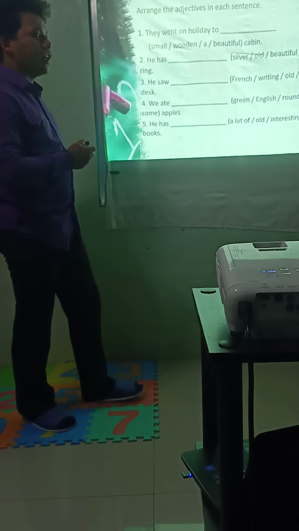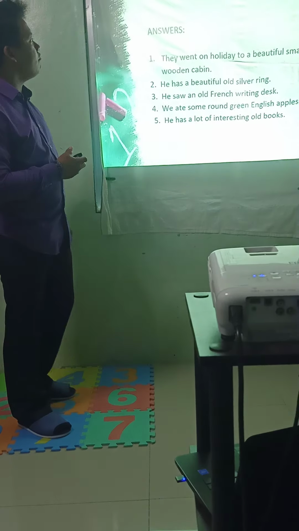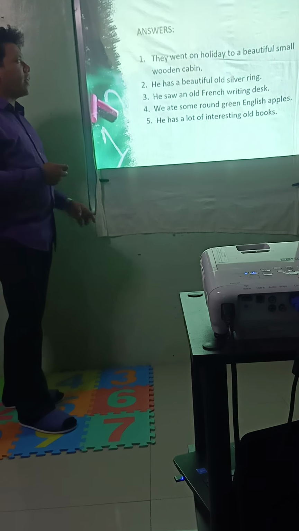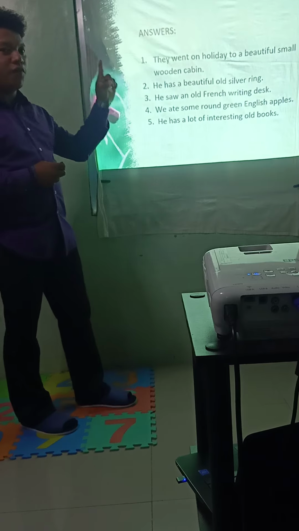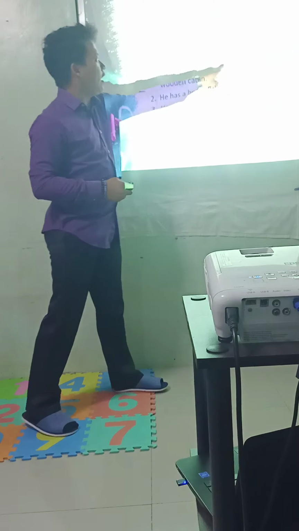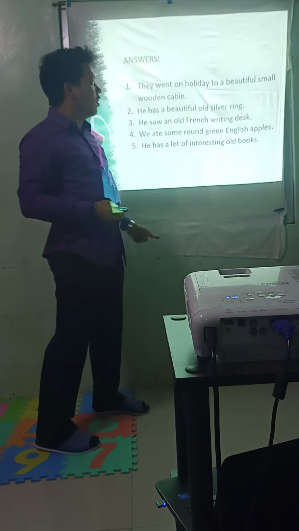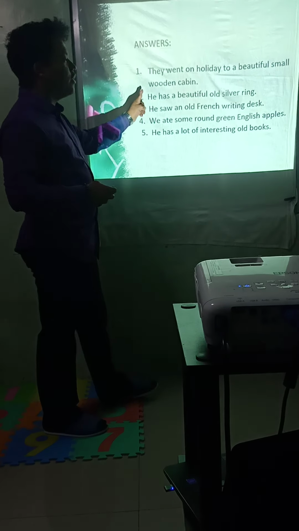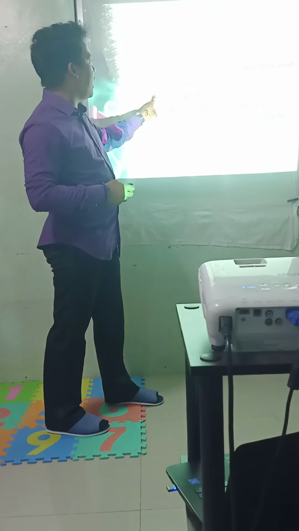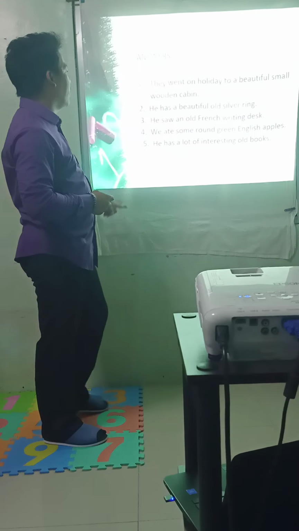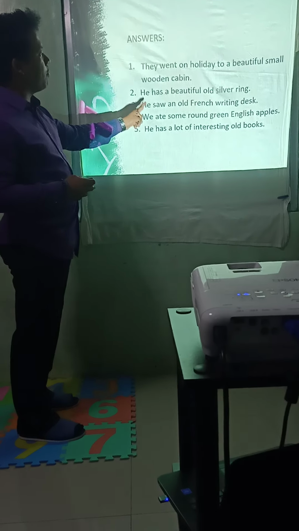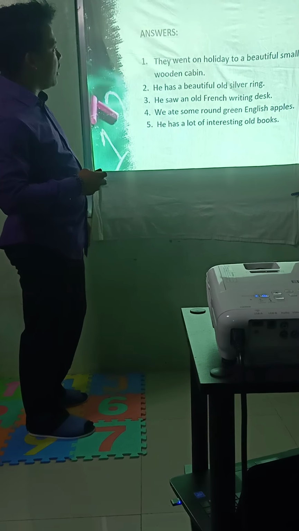So now let us check your answers. Number 1, they went on holiday to a beautiful small wooden cabin. A, article; beautiful, opinion; small, size; wooden, material; then cabin is the noun. Number 2, he has a beautiful old silver ring.